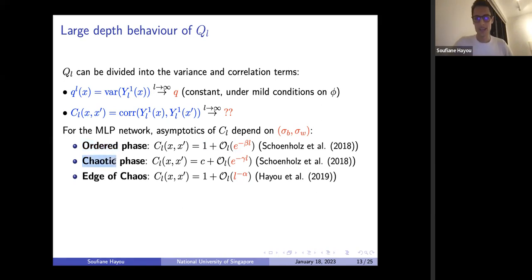Now in the other case, the chaotic phase, it's the opposite. So think about the case where X dash is very close to X, just a perturbation of X. So X dash is equal to X plus some epsilon, for example. The network output has the same variance for both X and X dash, but the correlation is a constant C, independent of epsilon.